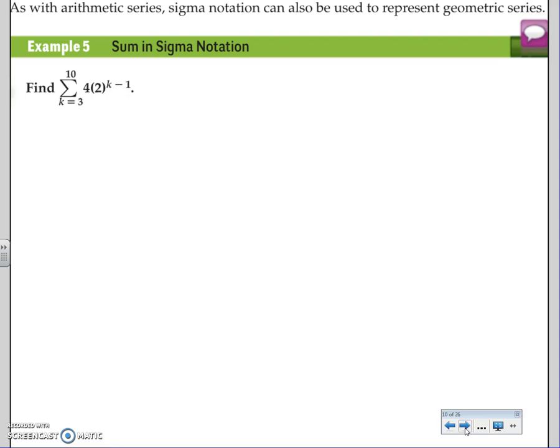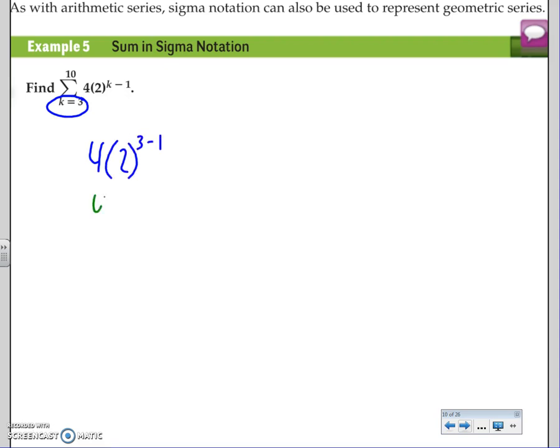Alright, and with geometric series, we have sigma notation to make it easier to write, shorthand. We do the same thing for geometric series. So here, let's figure this out. Let's find the first term. I plug in 3. So we have 4 times 2 to the 3 minus 1.